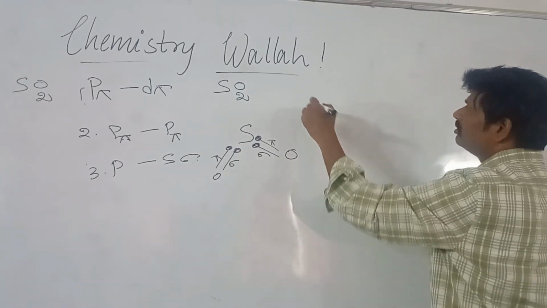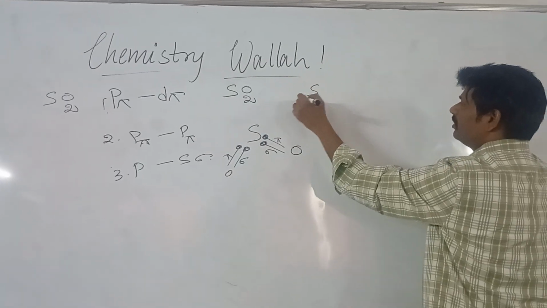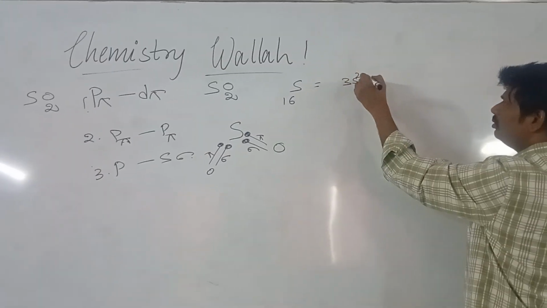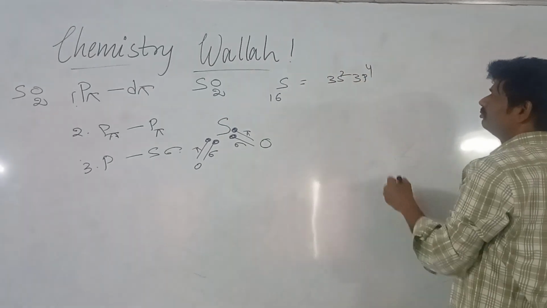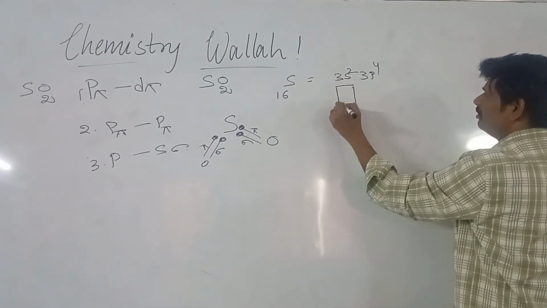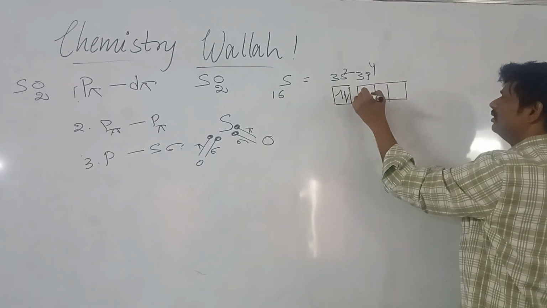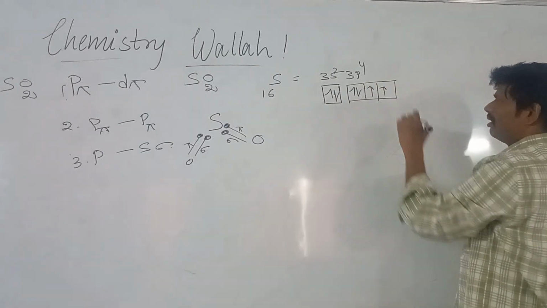Let us see the ground state configuration according to atomic number: 3s2 3p4. According to the ground state configuration, we have only 2 single electrons.